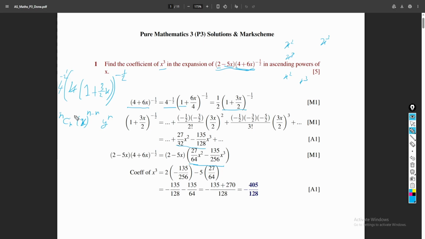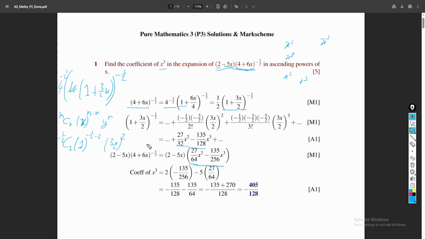Over here n is minus half, and r is 2, since we are doing this term, and x is simply 1, and n minus r is minus half minus 2, and then into y, which is 3x by 2 to the power 2.